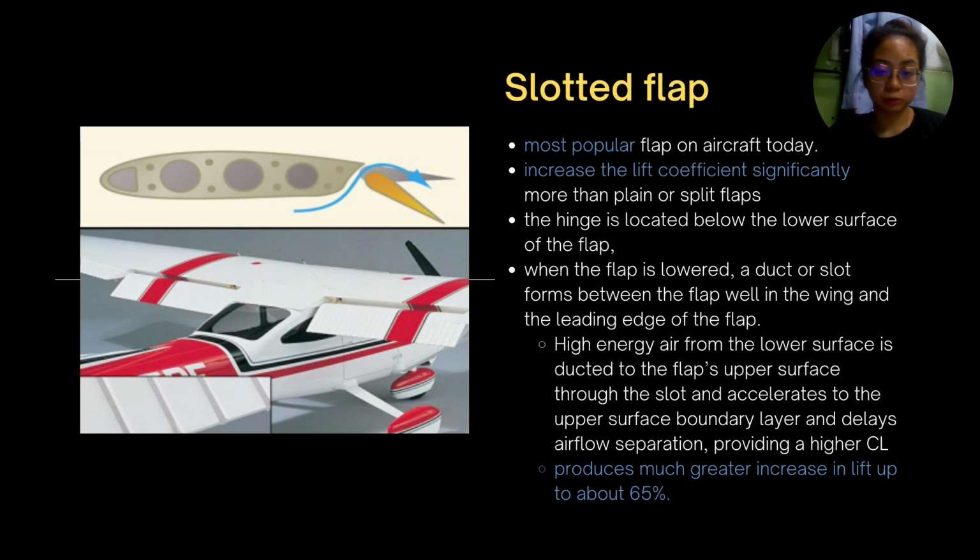When the flap is lowered, a duct or slot forms between the flap well in the wing and the leading edge of the flap. So high energy air from the lower surface is ducted to the flap's upper surface through the slot and accelerates the upper surface boundary layer and delays airflow separation, which provides a higher lift coefficient.